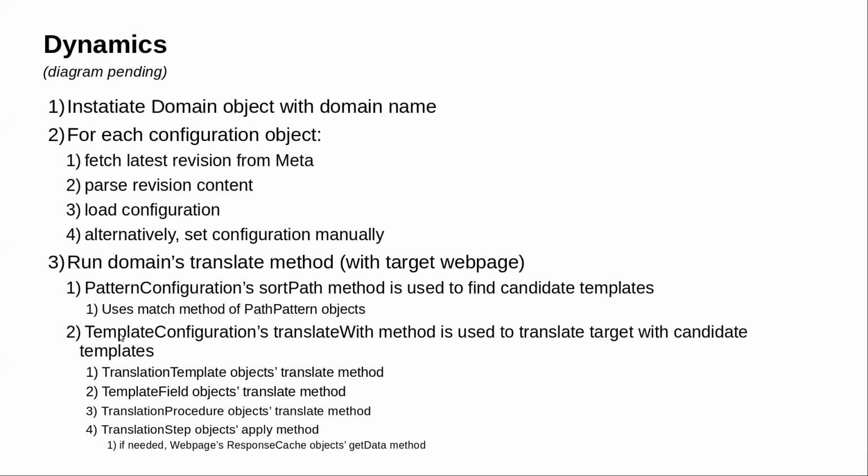And then once we know what we have to try, we use the template configuration translate with method.